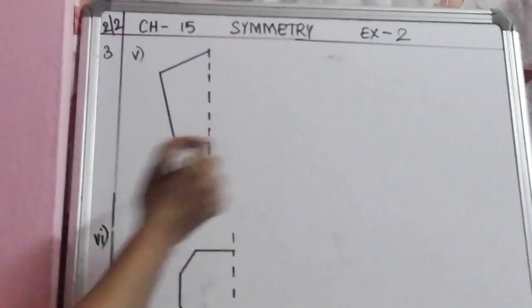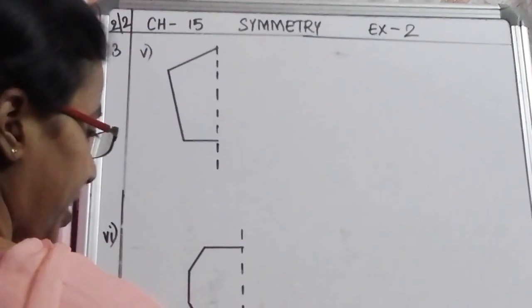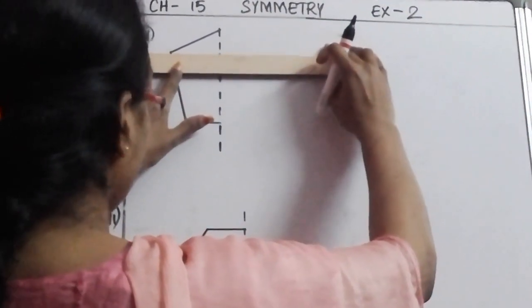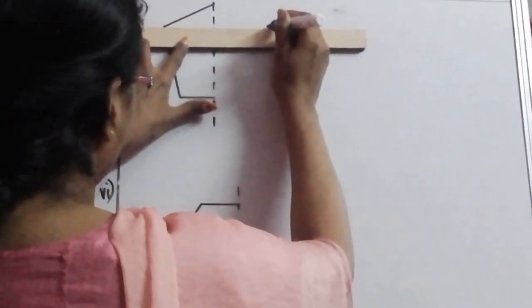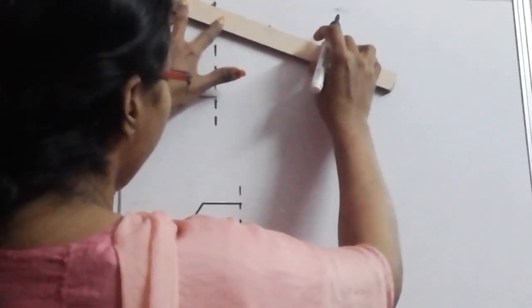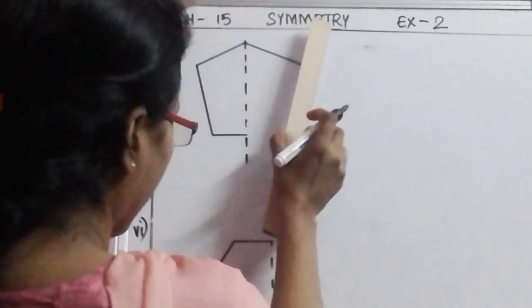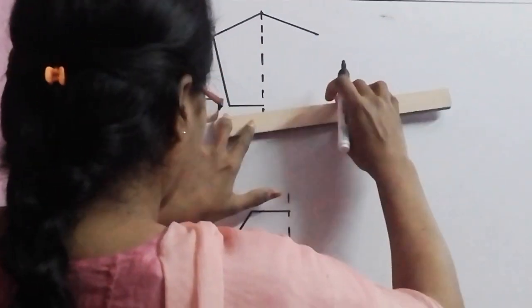So here they have given the shape like this, and you need to draw the other identical part. What I am going to do is I am taking approximately. But when you draw, you use measurements for drawing so that you will not go wrong anywhere.